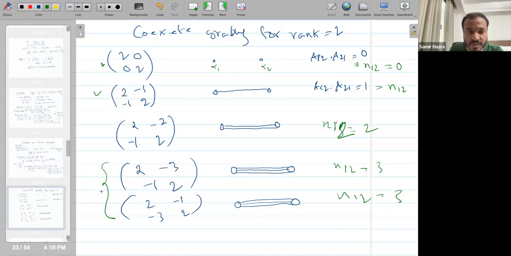And the observation that their Coxeter graphs are the same tells us that the Coxeter graph cannot determine the Cartan matrix. For example, if this Coxeter graph is given, two vertices and three edges in between them, we cannot decide which one to write, right? Because both of them correspond to this graph. So basically this corresponds to both of these matrices.